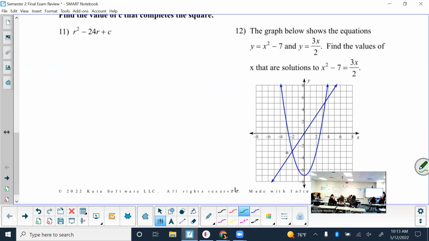So like they intersect here, that coordinate is -2, -3. And then where else does it intersect, if any? And it looks like it's more between 3 and 4, so I'm going to say like 3.5.